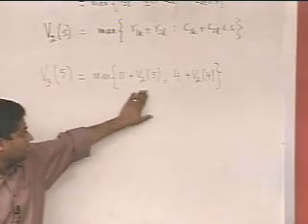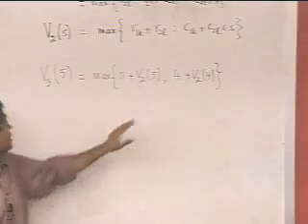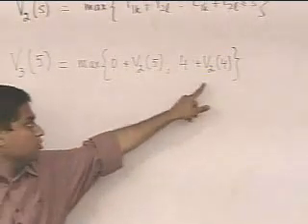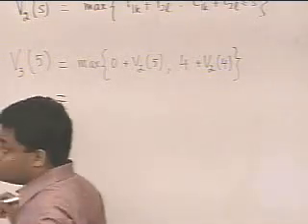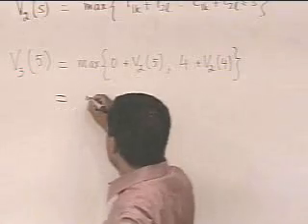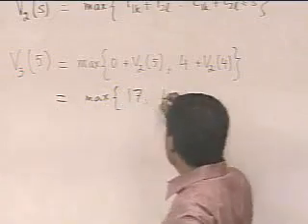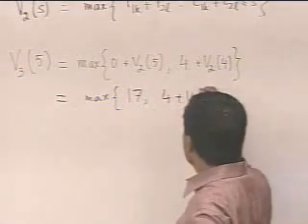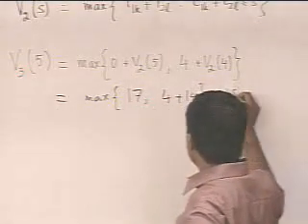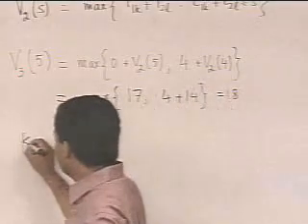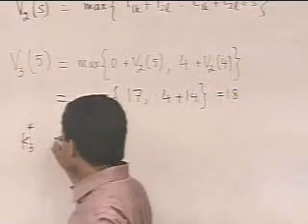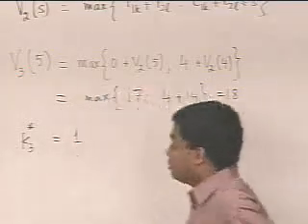If you spend $1 million on plant 3, then you get a revenue of 4 from there, and then you have only $4 million left over for plant 1 and 2. So if you look at these two, what do you end up getting? It's the maximum of 17 and 4 plus 14. So that turns out to be 18, which means that the best thing to do in plant 3 is to look at project 1 or project 2.